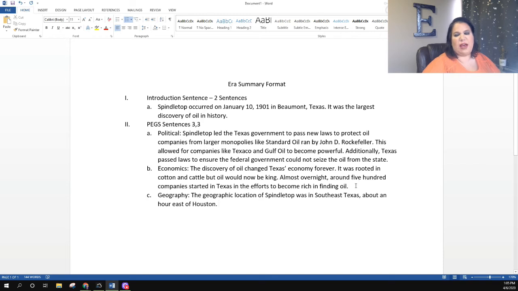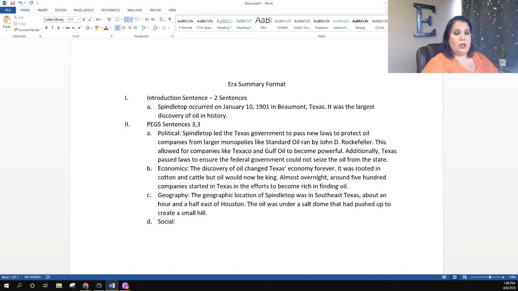It's about 2 hours, so we'll say about an hour and a half, just to be correct. So about an hour and a half east of Houston. The oil was under a salt dome that had pushed up to create a small hill. There's your geography.